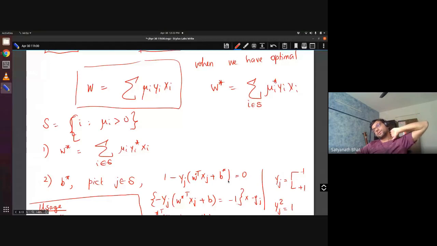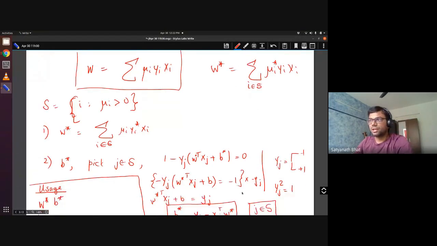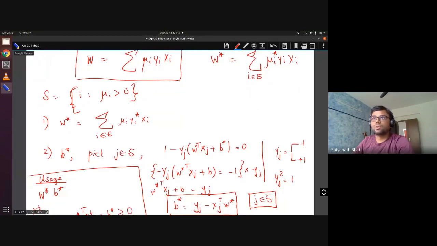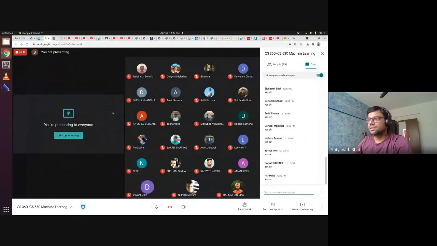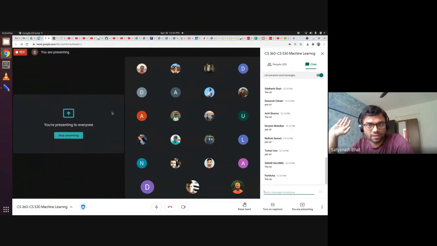I don't know if there are any questions, you can just ask me now. Is this clear? For those of you who are doing optimization, it should be much better. But for Diksha and others who are not doing optimization, I don't know. So how is it? Do you understand all these steps? Yes? No?